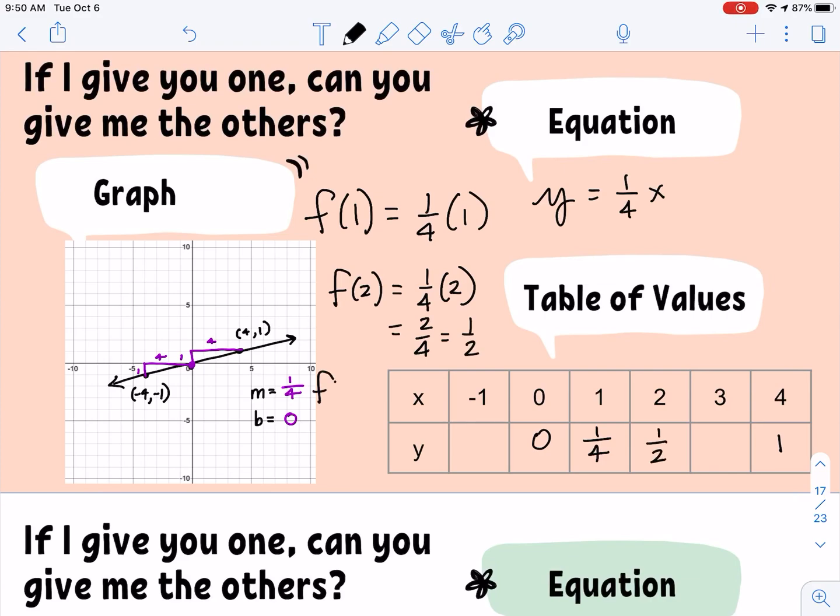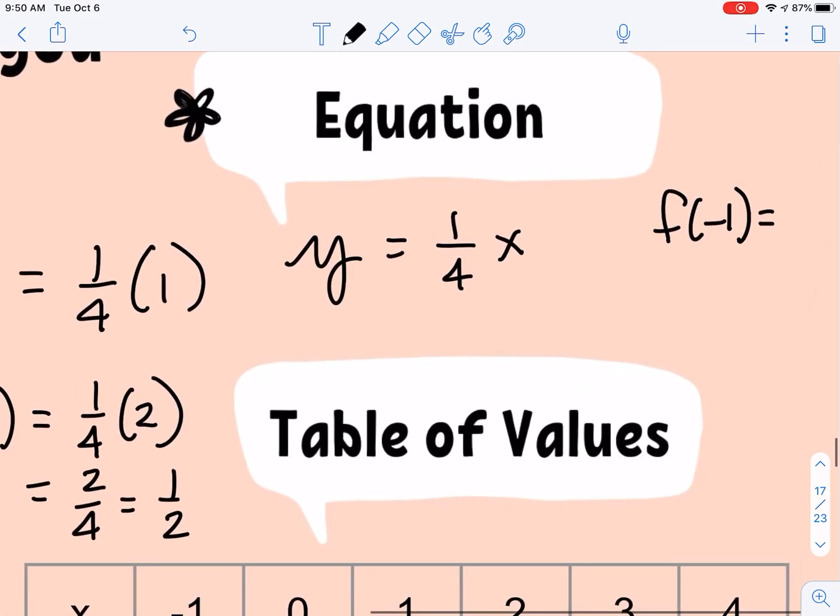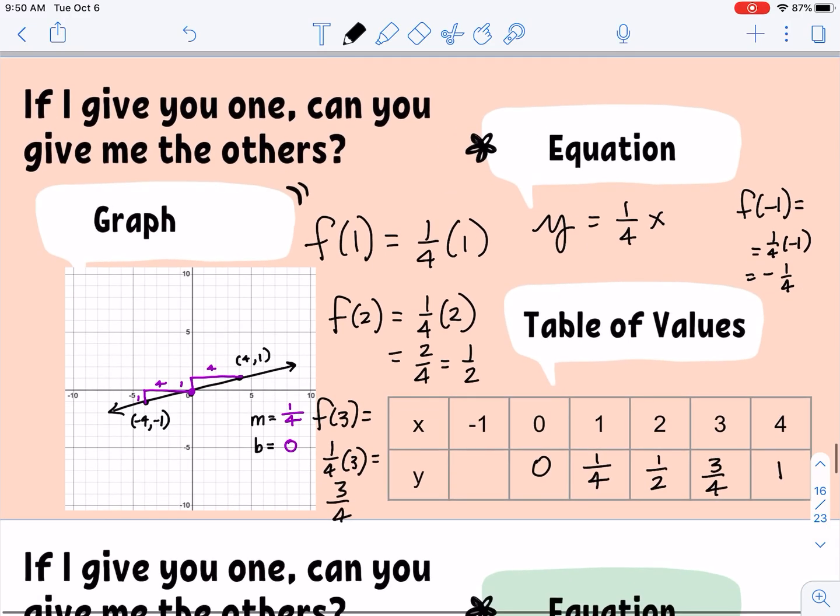You could say, I'm going to plug in 3. 1/4 times 3 is 3/4. And you could plug in -1, f of -1 equals 1/4 times -1, or -1/4. And plug that there. You could do that.